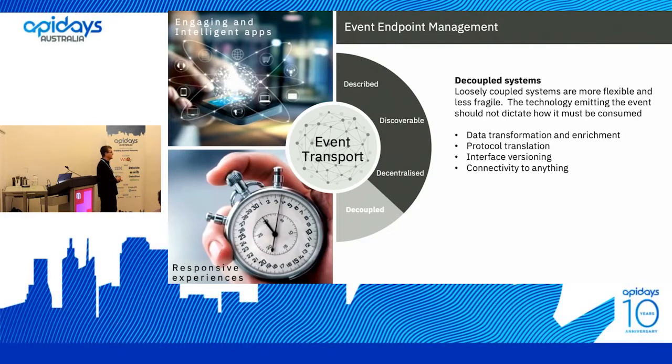You might do some protocol translation. Today we're talking about Kafka in terms of what we're exposing. But you might think, well, I'm publishing on a topic, and I want to make that topic model available in MQTT, in Kafka, in MQ, and in AMQP.